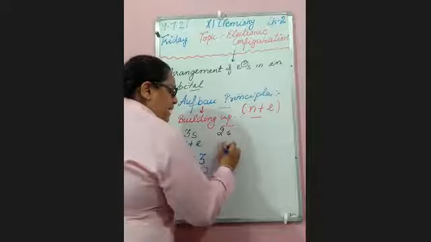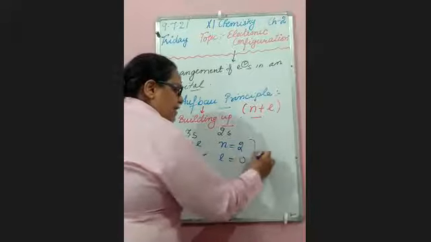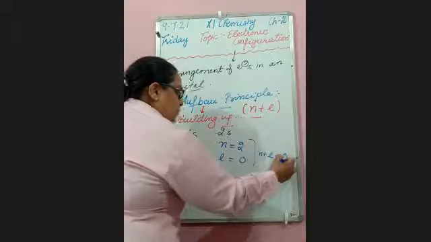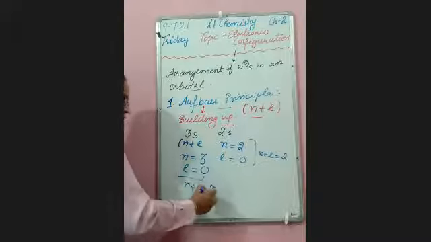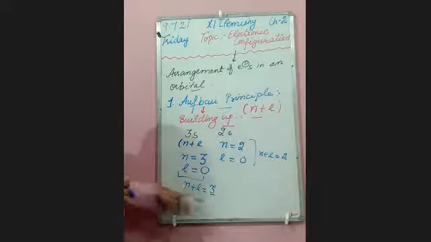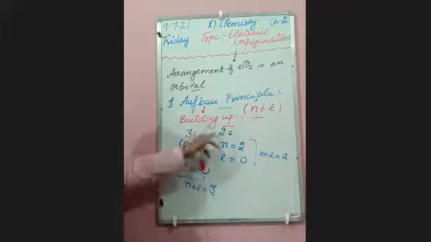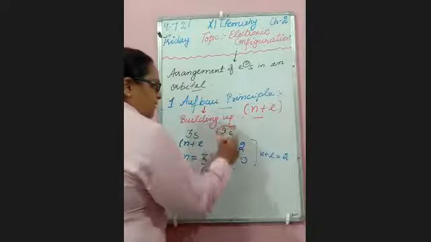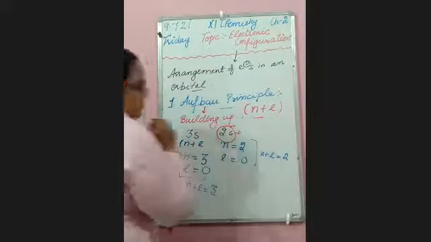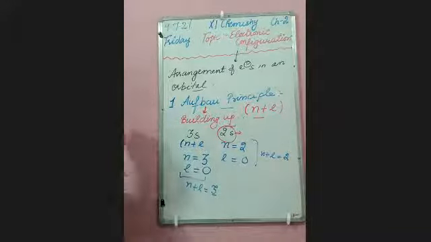For 2s, N is 2 and L is 0. So here N plus L comes out to be 2, and here N plus L comes out to be 3. The higher the value of N plus L, the more the energy. So in this case, 2s will fill first because it is lower in energy than 3s.